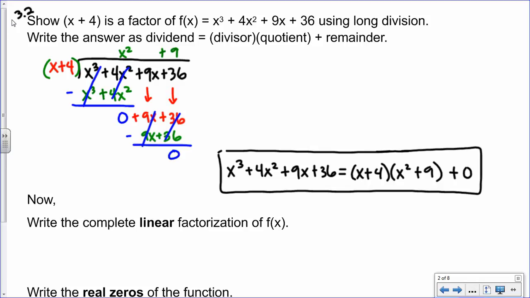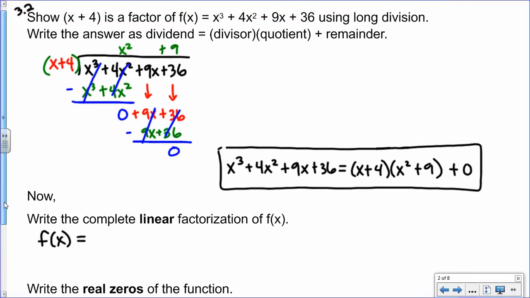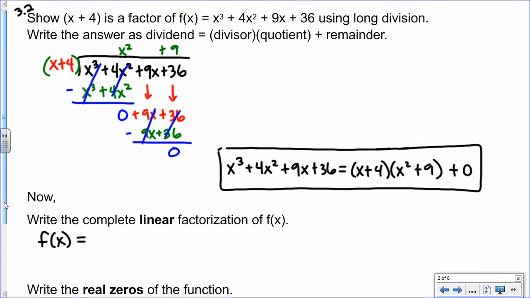Okay, now we're going to take that and write the complete linear factorization of f of x. So that means we're going to write f of x in factored form. Okay, well, what do I know one of the factors is? x plus 4. It tells me in that first line, it says show x plus 4 is a factor. So one factor is x plus 4.